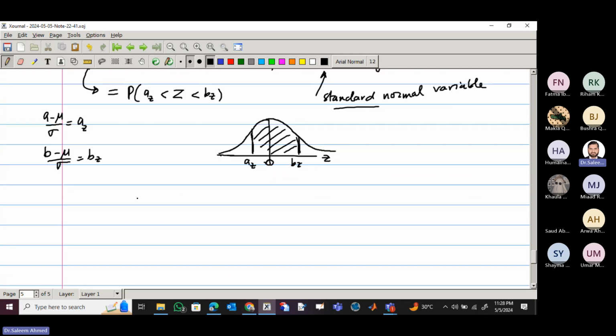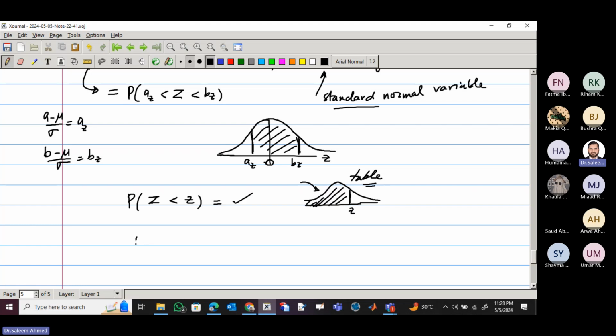If they ask you the probability that Z is less than some value z, you get it directly from the table. If this is your z, you want the area below that. The table gives you this value directly.